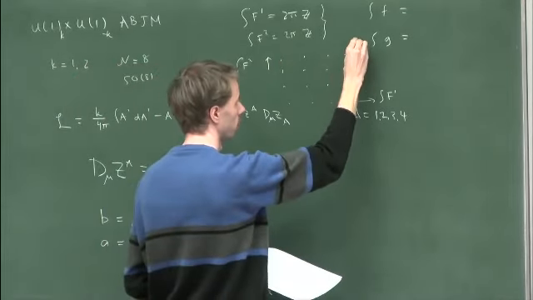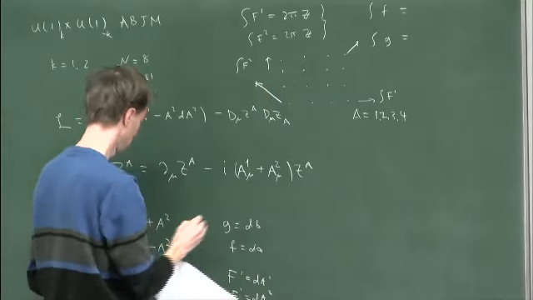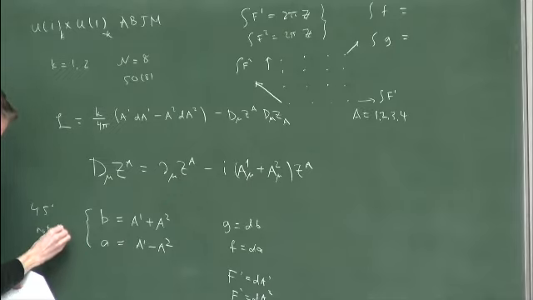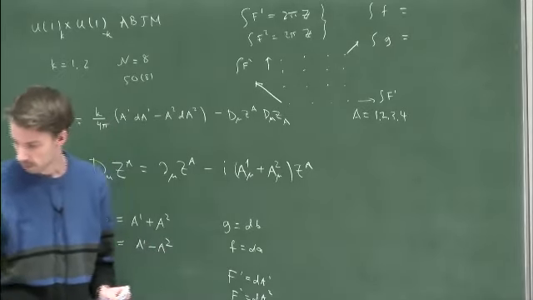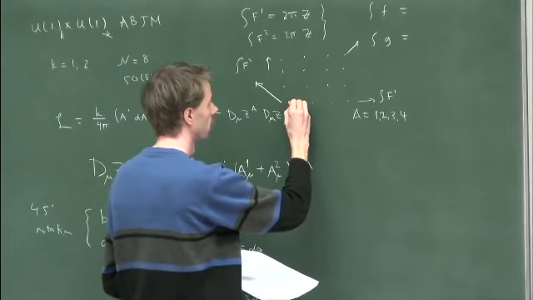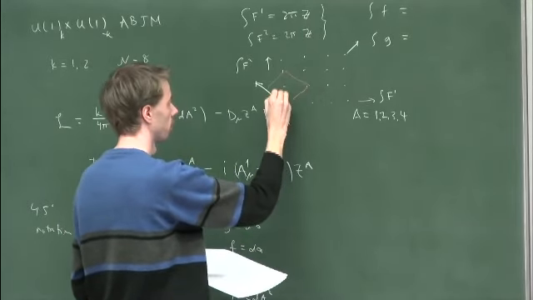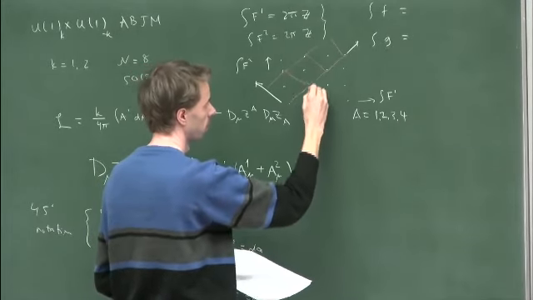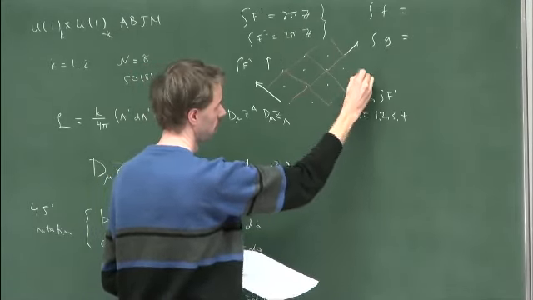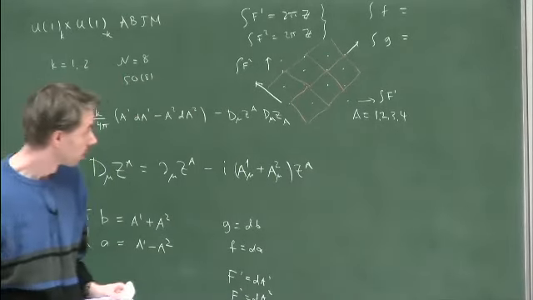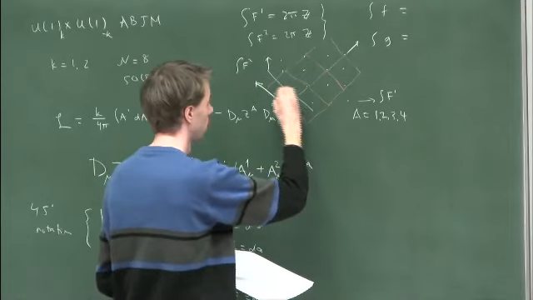And then I make a rotation here, 45 degrees. This is a 45-degree rotation, and rescaling. In that case, I get such a charge lattice here, and another one here.